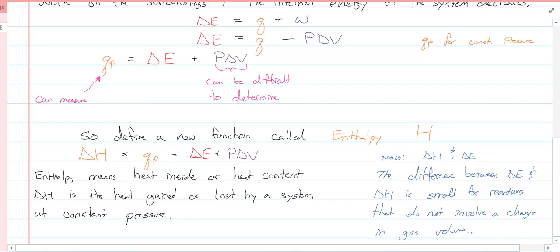So they're very similar. So delta E and delta H will be a very similar size unless you have gases.